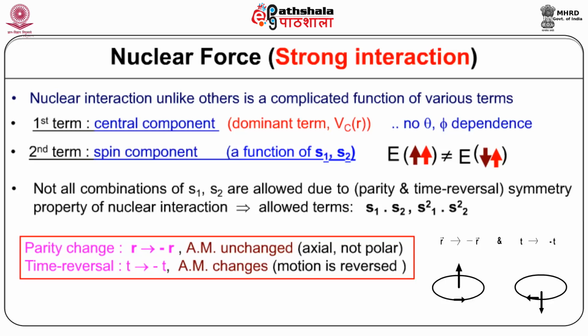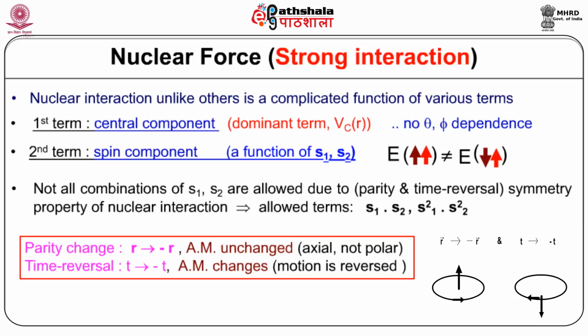Nuclear interaction, unlike others, is a complicated function of various terms. The first term is the central component, which is the dominant term and is represented by VC(r). It doesn't have any theta or phi dependence. It means the main component in the nuclear interaction is the central component.